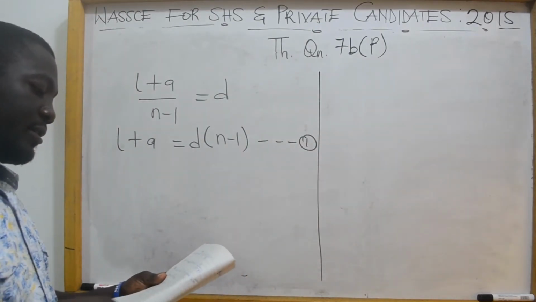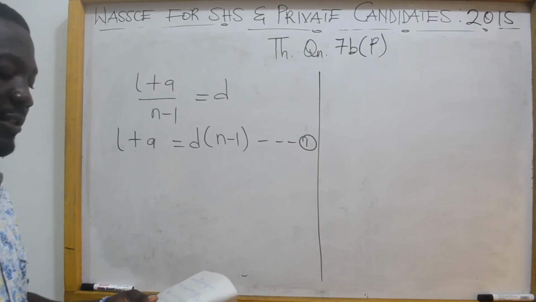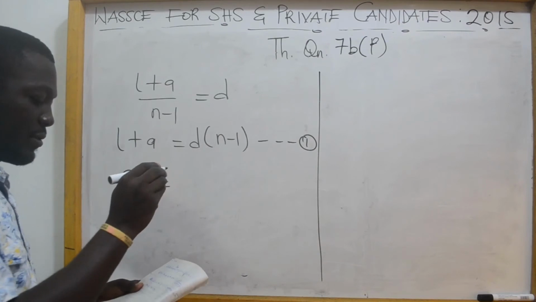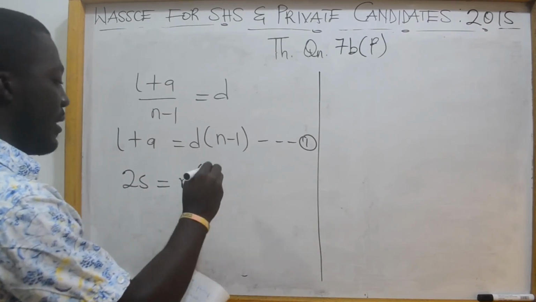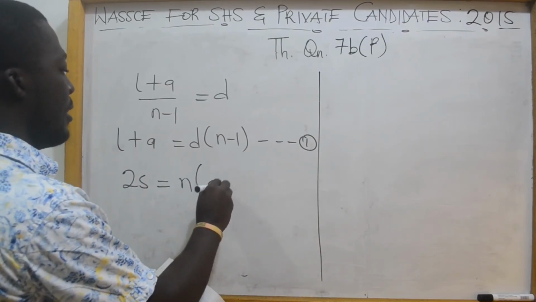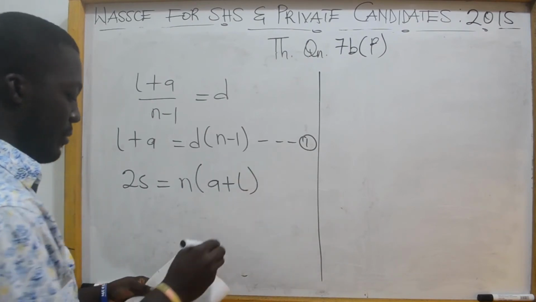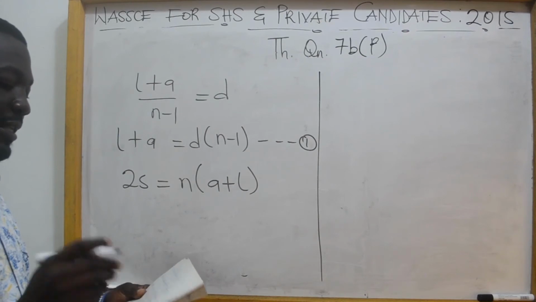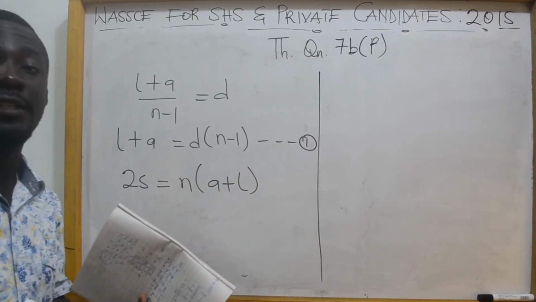Then 2s is equal to n into bracket A plus L. We are to express s in terms of n and d.